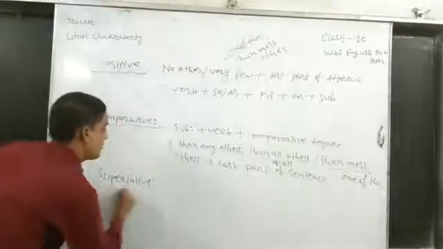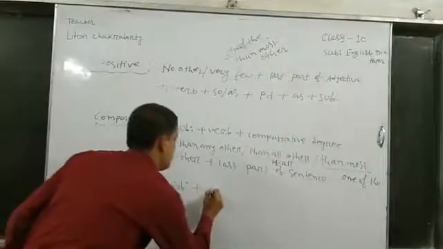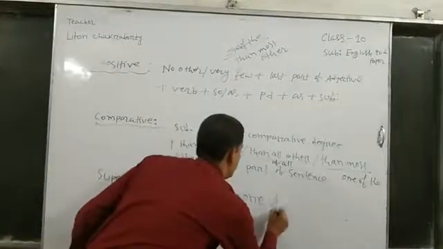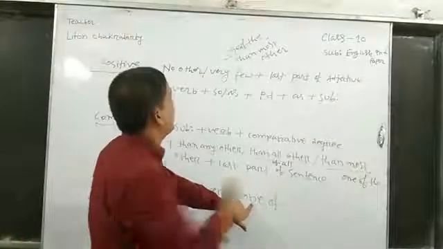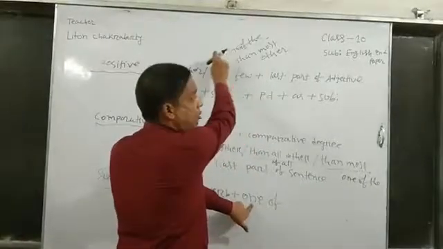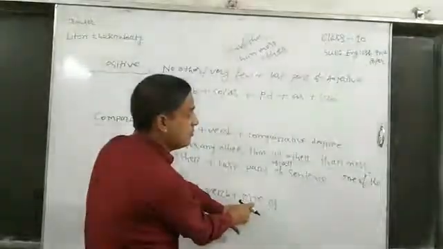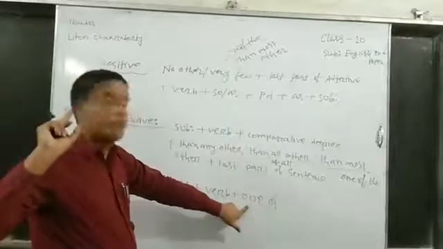Superlative: you must write subject, verb, and one of will come. If you get than most other or one of the, then you can write one of the. Otherwise, you don't need to use one of.